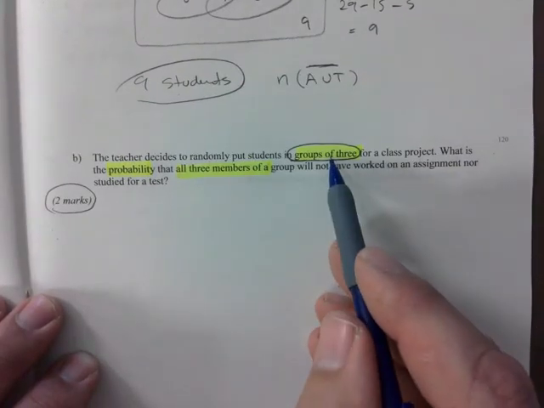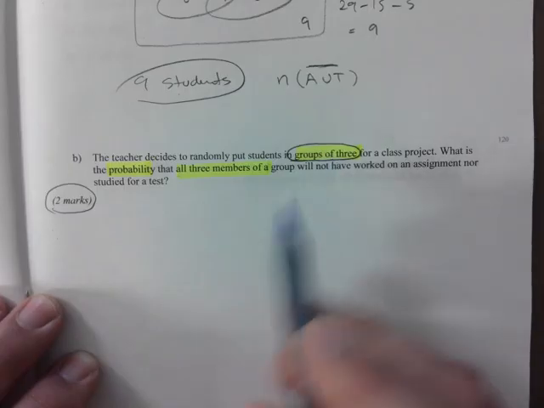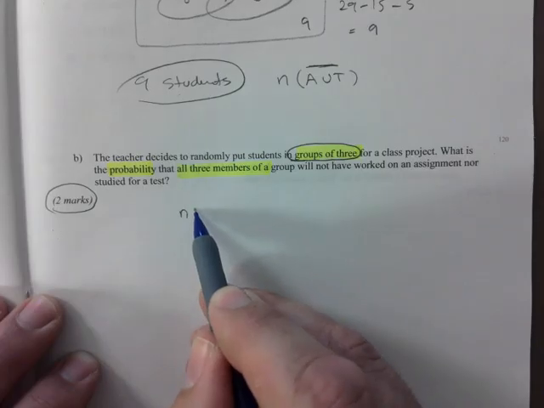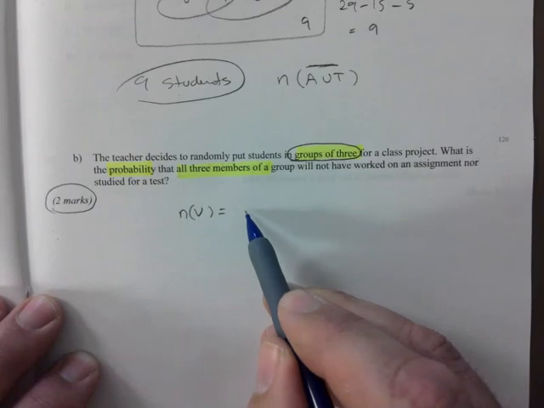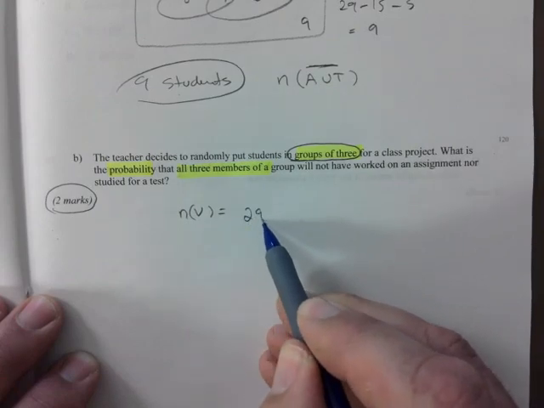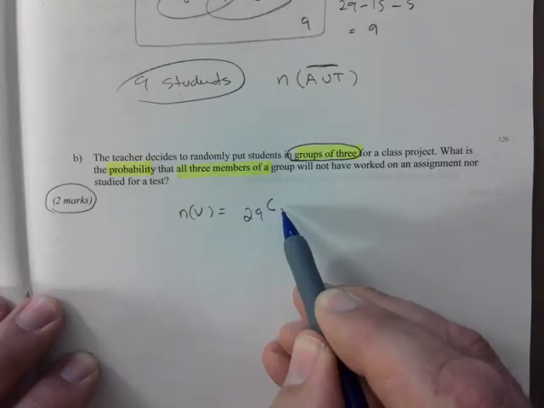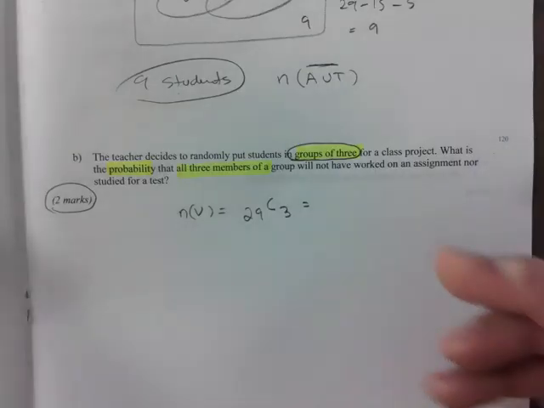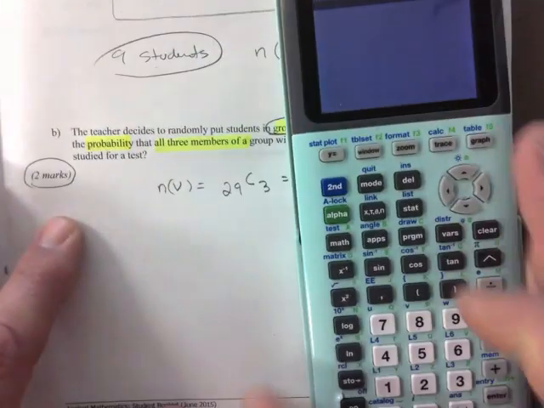You're making groups of 3, right? So I will say this, my n(U) is what? Out of the 29, we're choosing 3. Do you remember how to type that into your calculator?